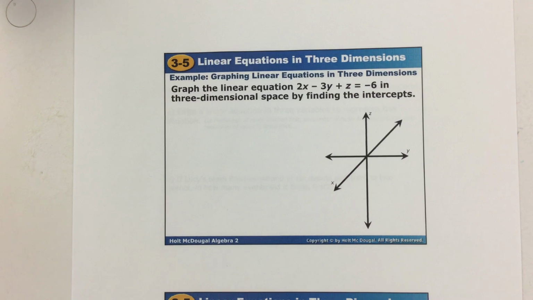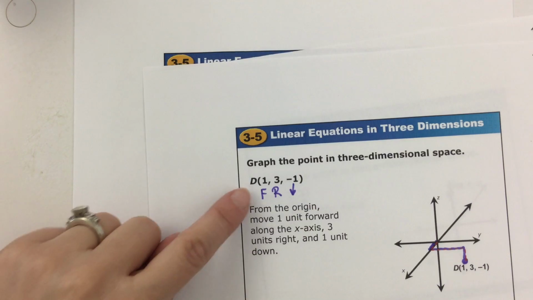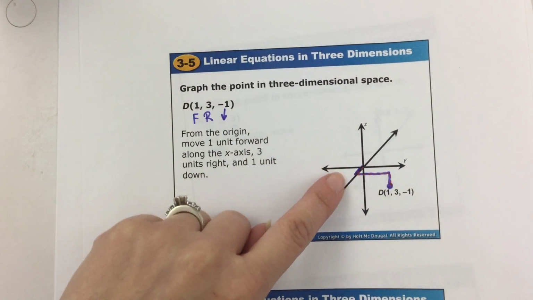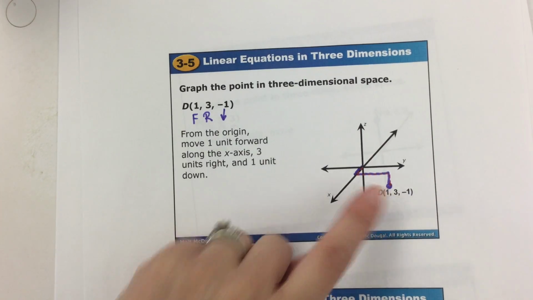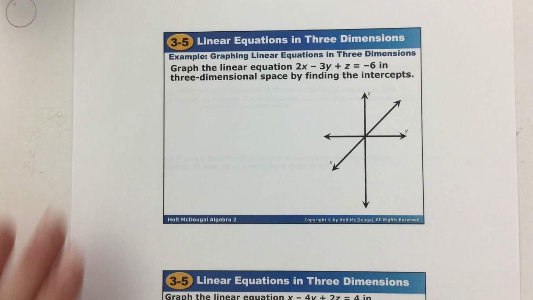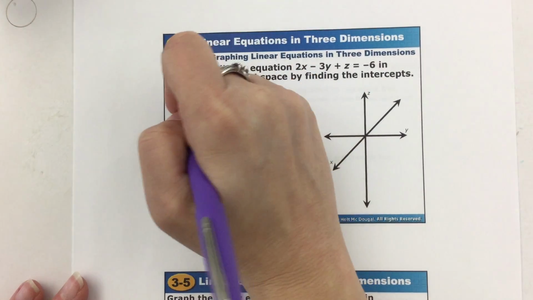What we did previously, we were just graphing an ordered triple. This is 1 point. That's why we just show the path and show where that 1 point would go. If they want you to graph an equation with 3 variables, you need 3 points. So I find the intercepts.